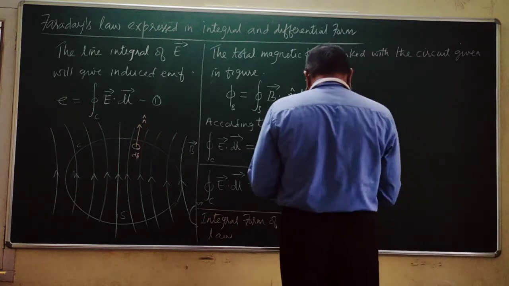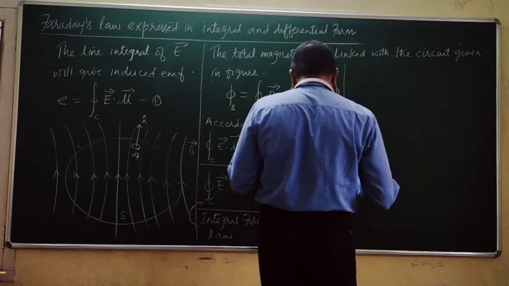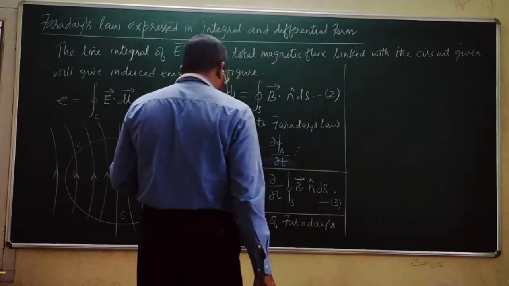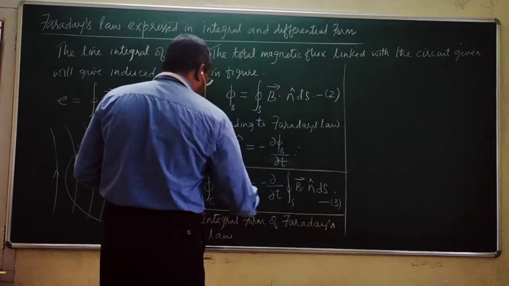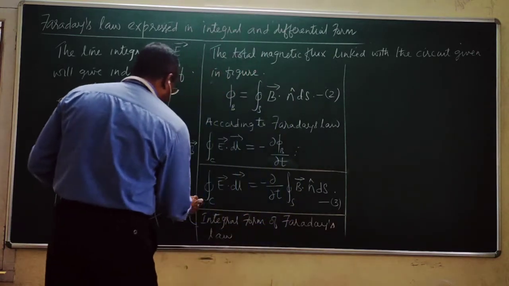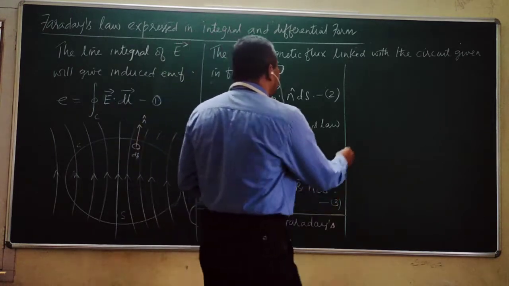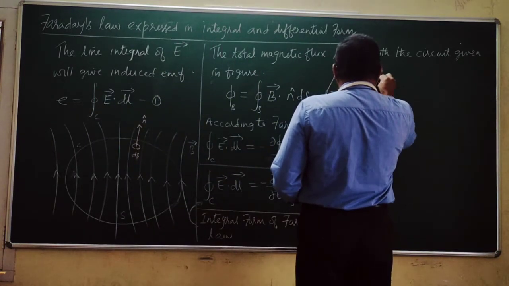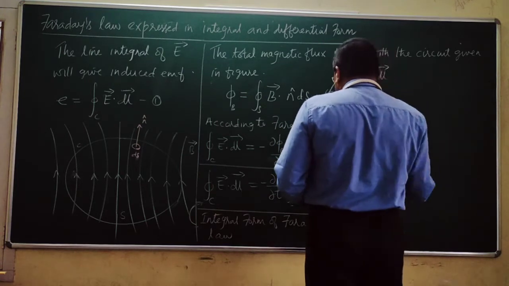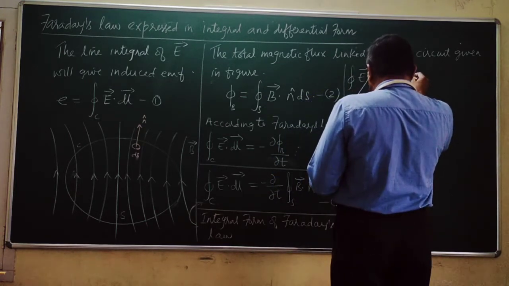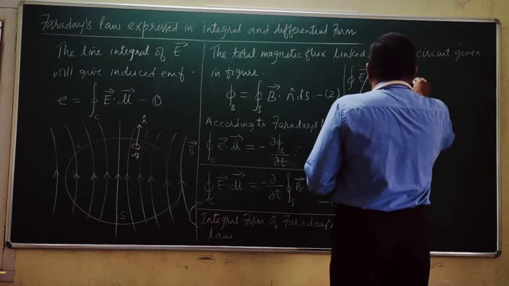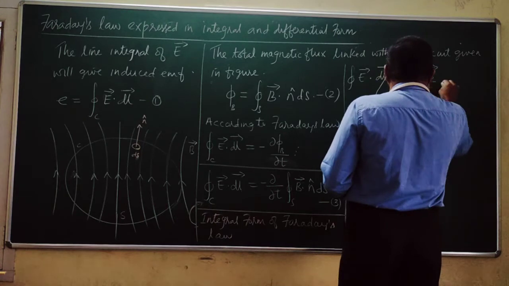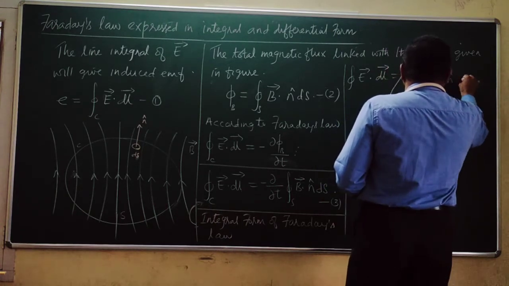Therefore I can even modify this further, and I will write E vector dot dl vector is equal to minus integral over the surface dou B vector by dou t dot n cap ds.